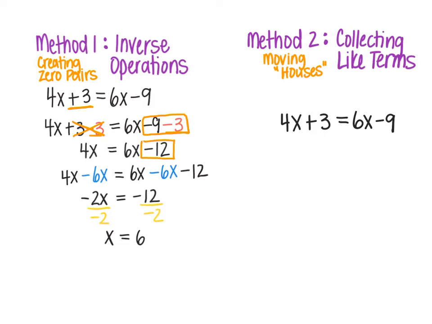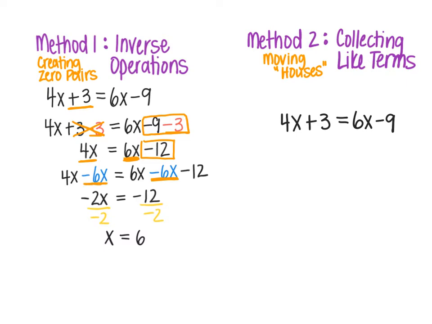Okay, so from there, I'm going to look and see, well, I've almost got the x by itself. The problem at this point is we have this 6x on this side of the equal sign, and it needs to go to the other side to be with the 4x. So to get rid of the 6x from this side, I would subtract 6x. And if I do it to one side, I have to do it to the other side as well.